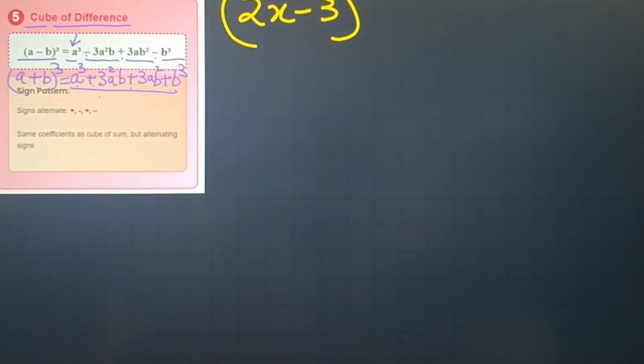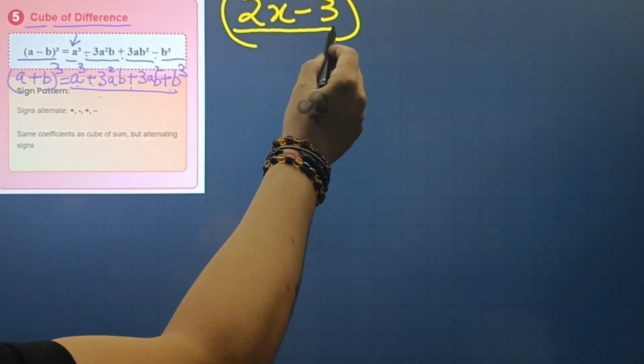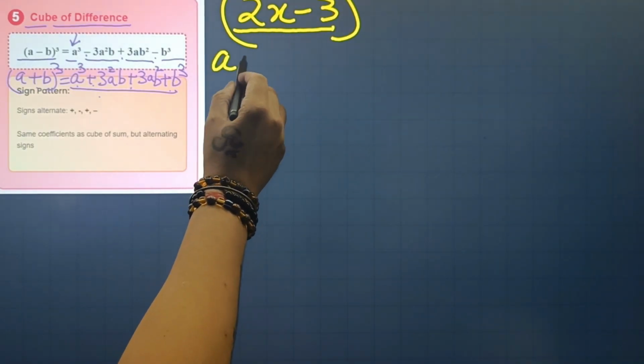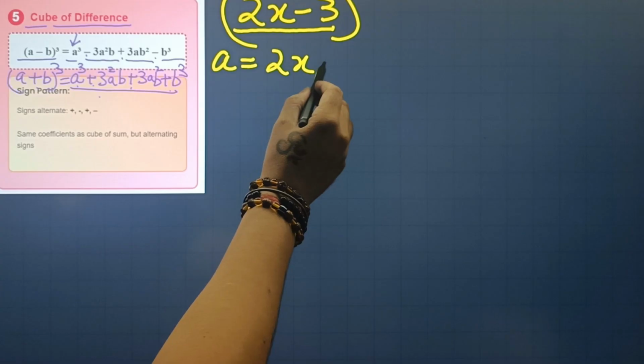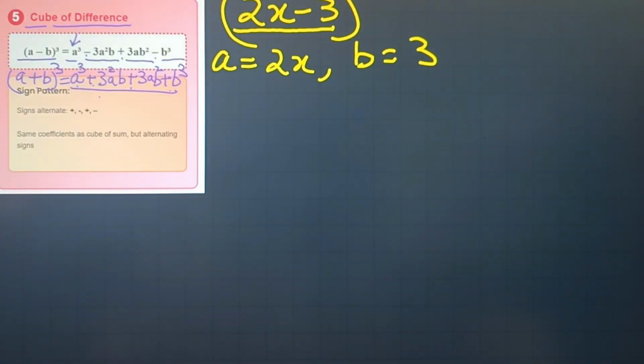So students, here we have our next example, in which we have 2x minus 3 whole cube. So a is 2x and b equals 3 here.